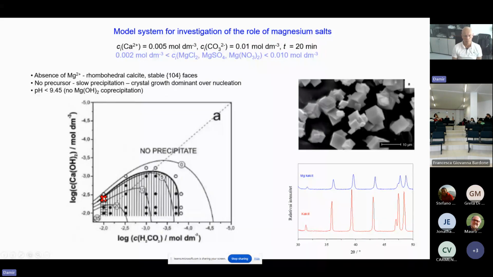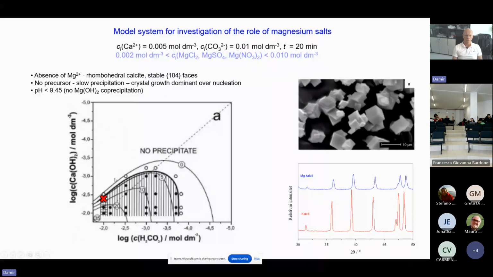We know from previous research that if we mix only calcium hydroxide and carbonic acid, we'll obtain calcite in the form of very regular rhombohedrons. So we decided that it would be a more suitable system to investigate the role of magnesium.